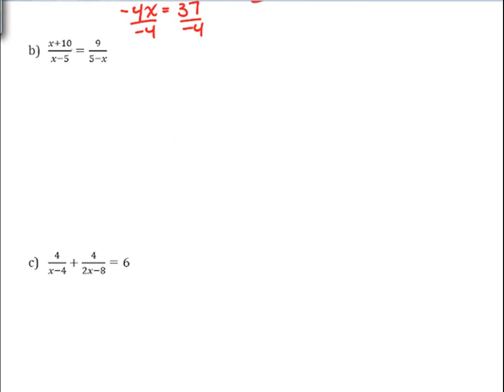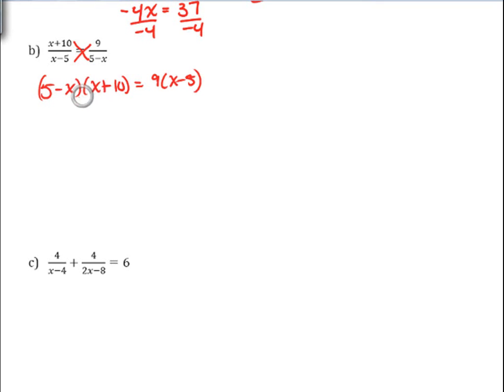Our next equation, x plus 10 over x minus 5 equals 9 over 5 minus x. Again, we can cross multiply. That will give you 5 minus x times x plus 10. And that would be equal to 9 times x minus 5 when we cross multiply the other way.